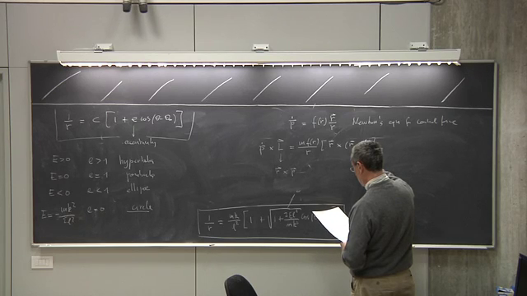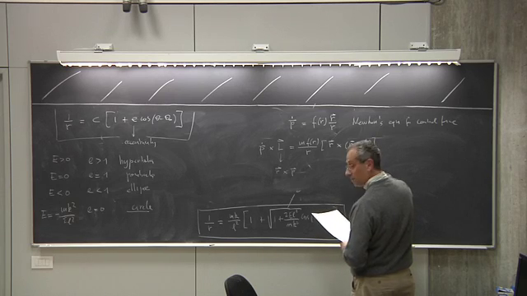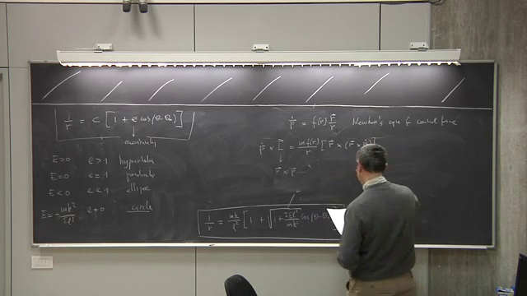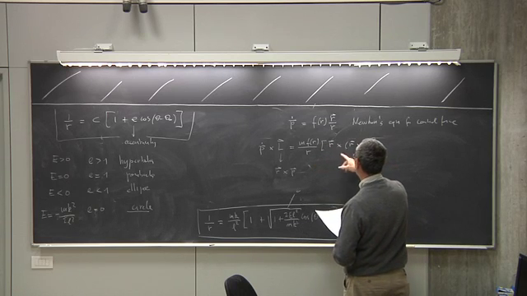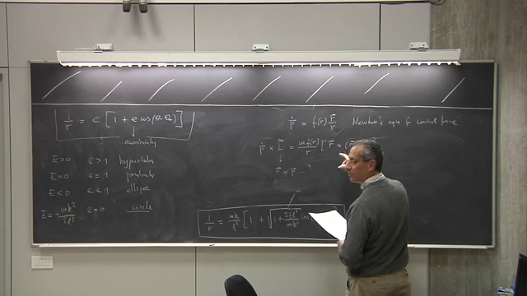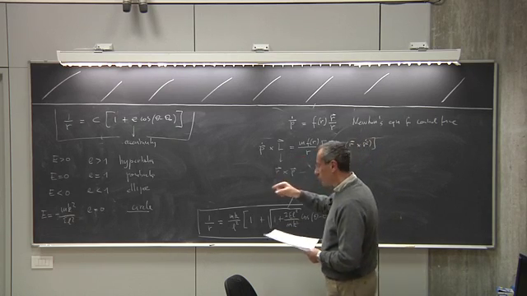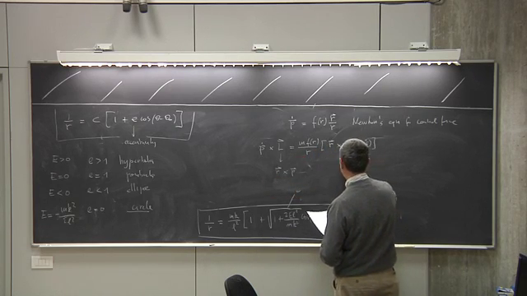Because P is m r dot, so we pull m out. You see? Just use this triple vector product. So let me write it as r.